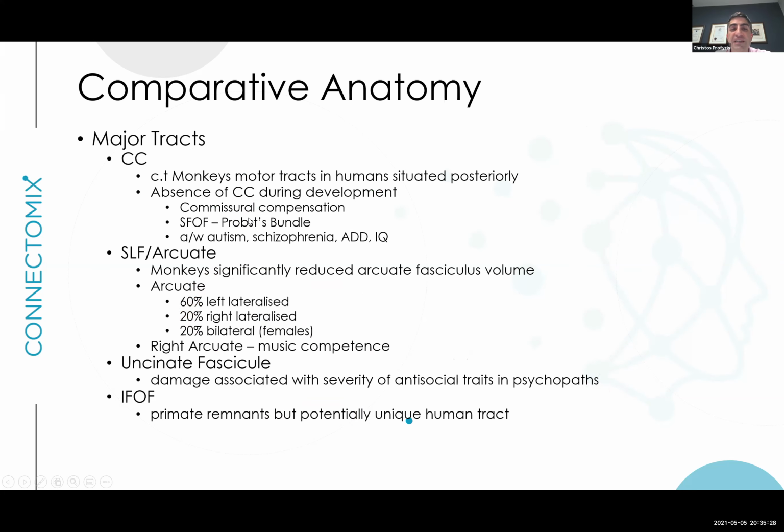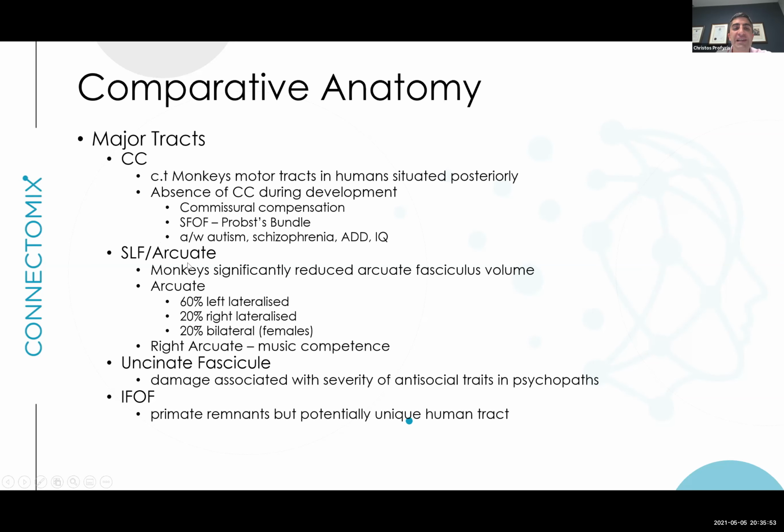So in human cases, when there's children born without a corpus callosum, the anterior commissure takes up that slack. And then they form a whole new bundle called the Probst bundle, which is thought of the superior frontooccipital fasciculus. And it's definitely been associated with conditions such as autism, schizophrenia, ADD, etc.